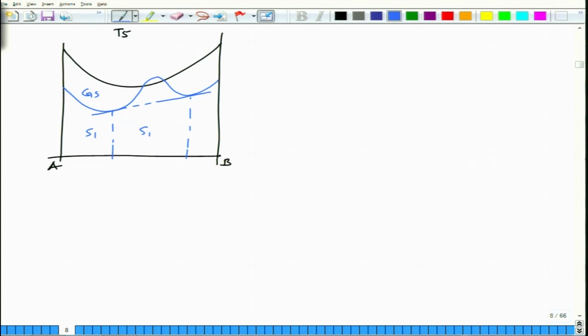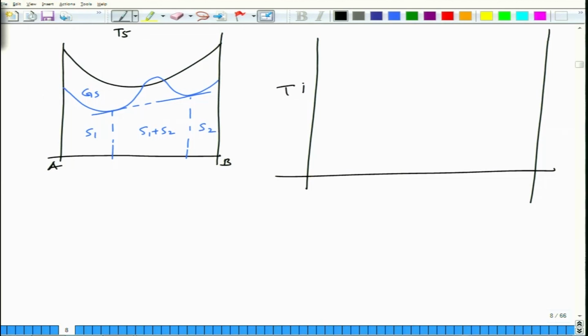So this is S1, S1 plus S2 and S2. When you construct the phase diagram for such a system, I will not get into details now, phase diagrams, unlike in T and XB, what you will have is something like this.